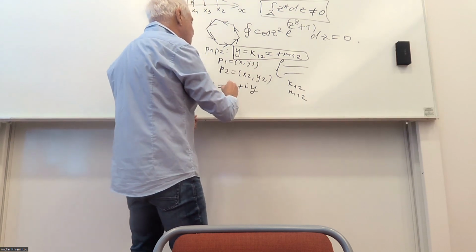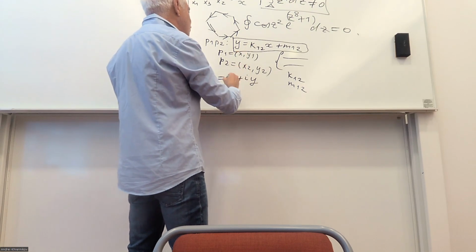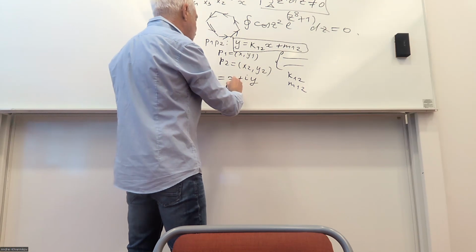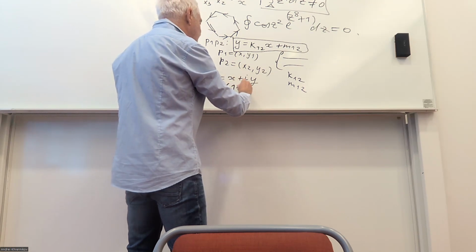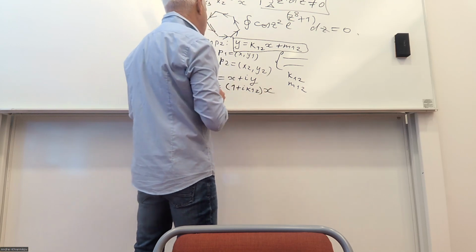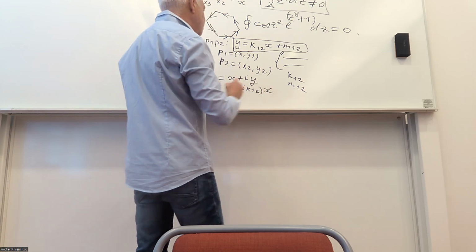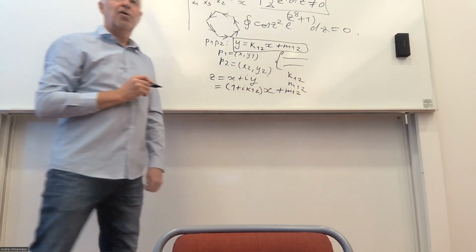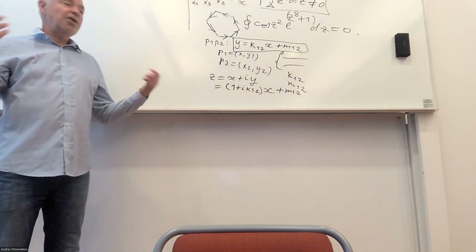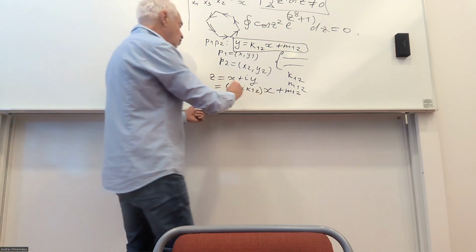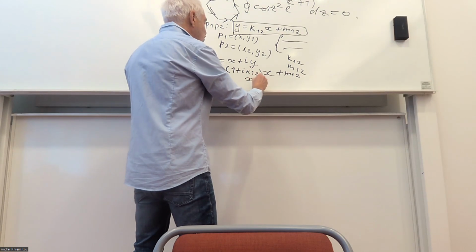So z is equal, now I collect everything with x. In front of x, I have 1 plus i k1,2, and also the coefficient m1,2. You naturally select x as the parameterization parameter, which goes from x1 to x2.